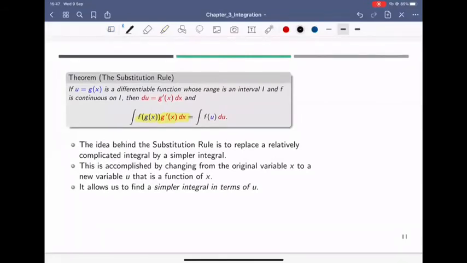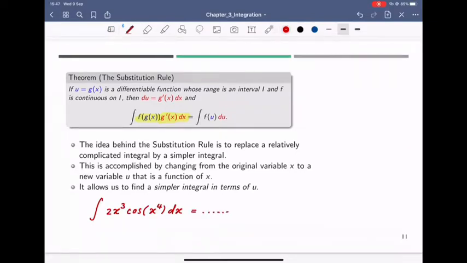For example, let's say I have the integral of 2x cubed cosine of x to the 4th power dx, and I want to integrate this thing.